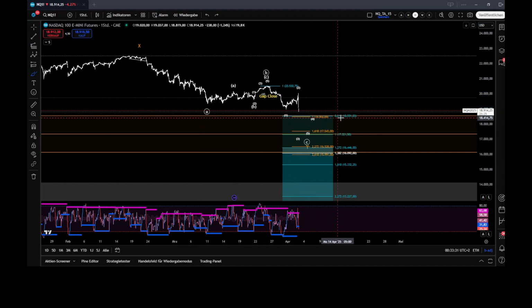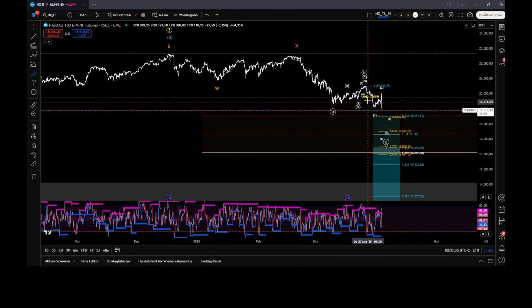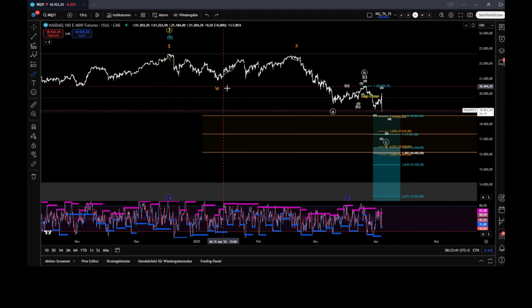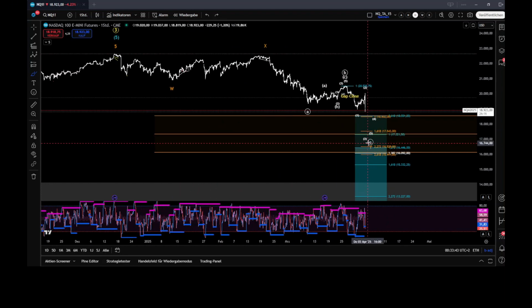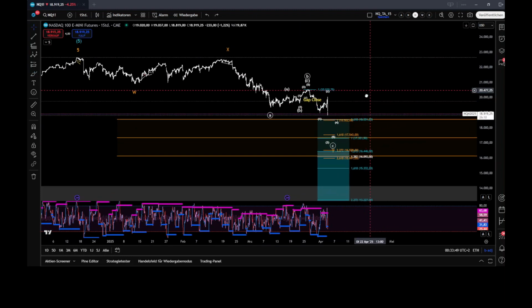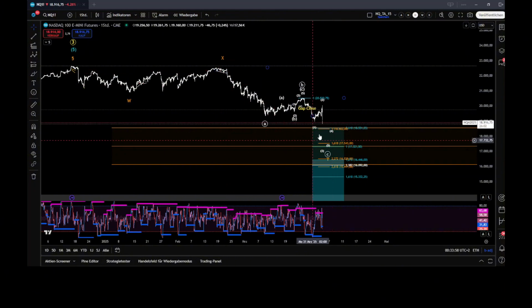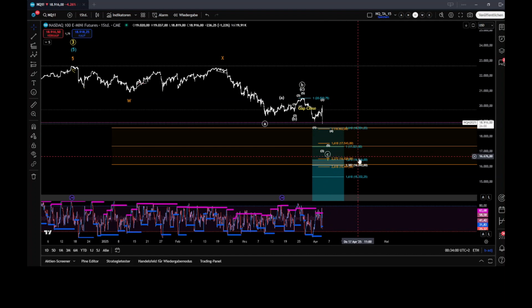I would compare the wave C to wave W, and therefore, the first target is, no, I have to correct myself, sorry. I'm comparing now the wave C of Y to the wave A of Y, okay? And that's the blue target.